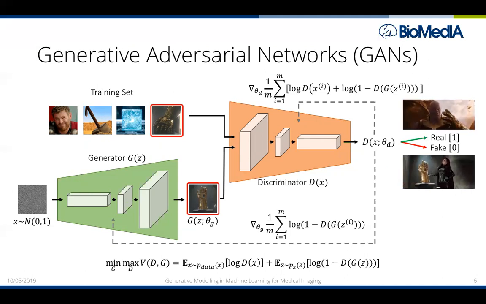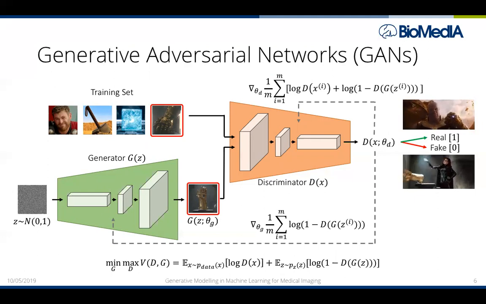The second term here is log of 1 minus D of G of z. This is the bottom branch here where it is taking in images from our generator. And here we would want to maximize this term as well with respect to the discriminator. Maximizing this term will make the discriminator output as low as possible, so that it is predicting zeros.